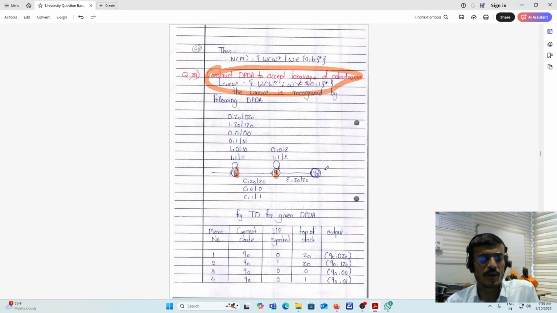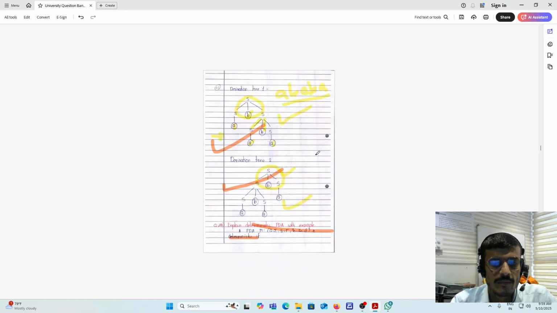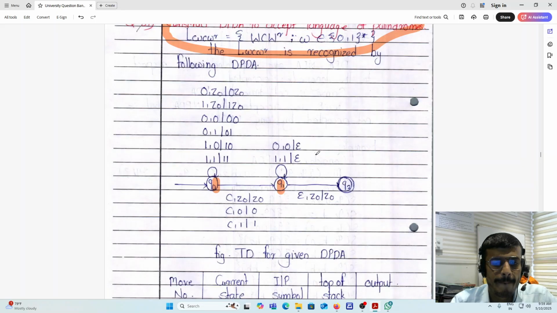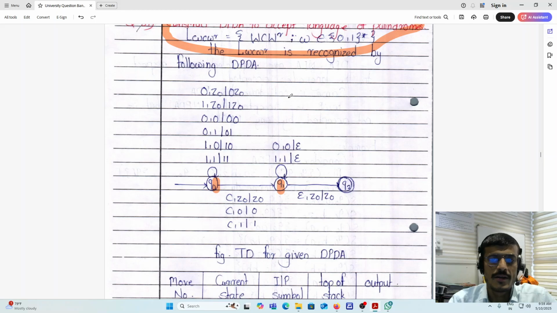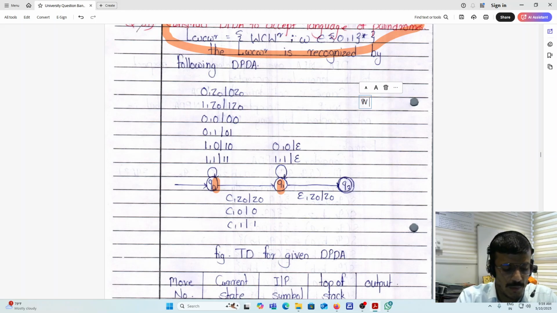Now see this very important diagram. So what are the possibilities over here? Whenever you are looking for W C W R, it may read C, it may read A C A, it may read B C B, it may read A B C B A, and likewise.